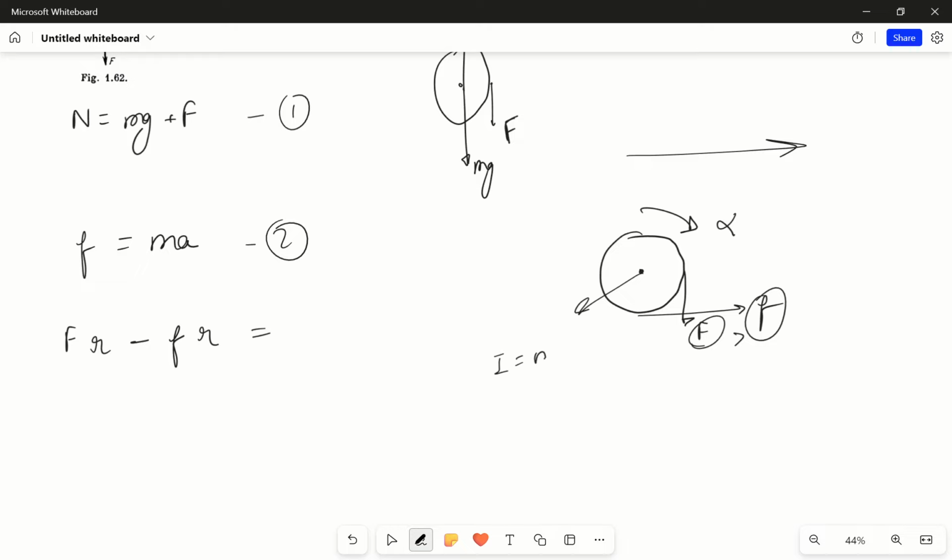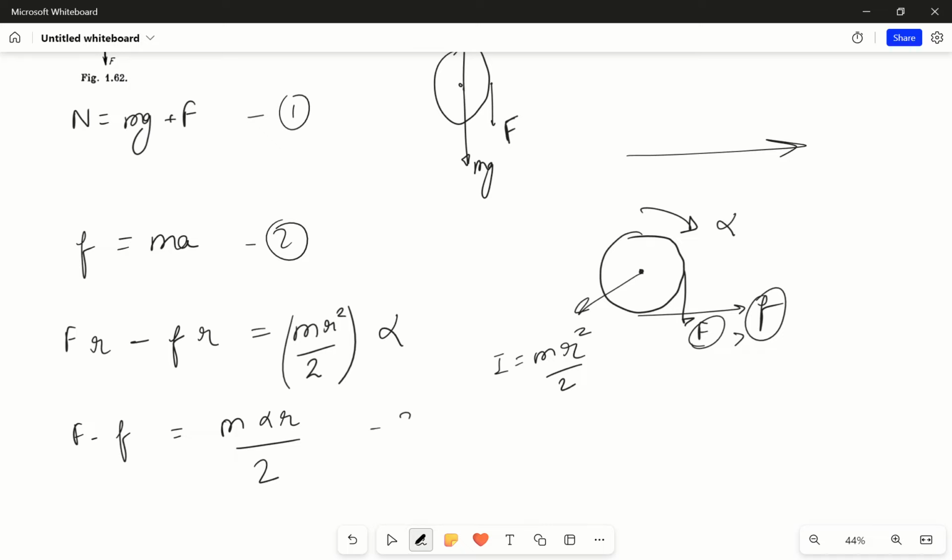It is equal to m r square by 2, right? So it is equal to m r square by 2 into alpha. This would be the torque equation. So F minus f equal to m alpha r by 2. This is our third equation.